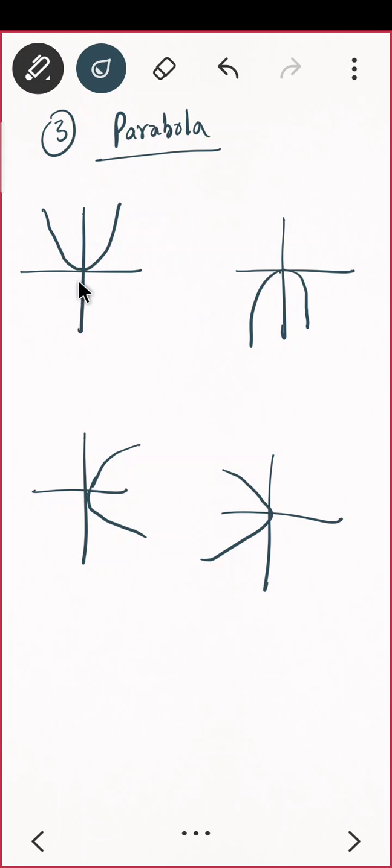Yeah, can you tell me the equation of this? What do you see here? Your parabola is not taking negative y-axis. It is not taking any value in the negative y-axis. Do you agree? So that means your y is always positive. Y part is always positive. The graph will be y equal to x square.